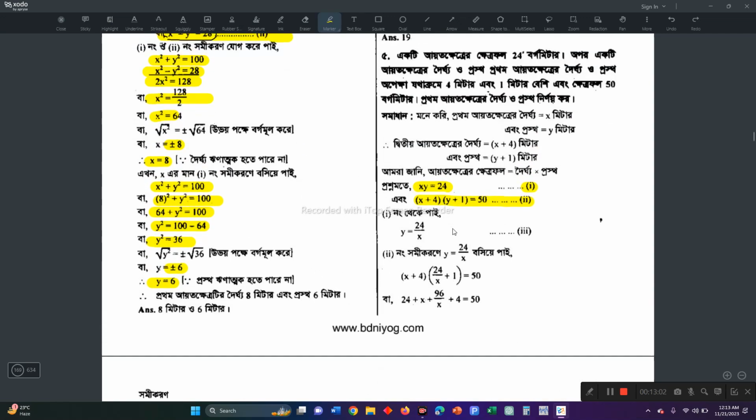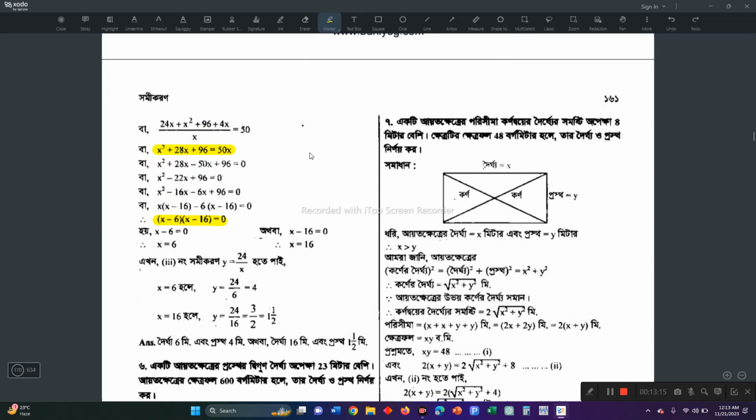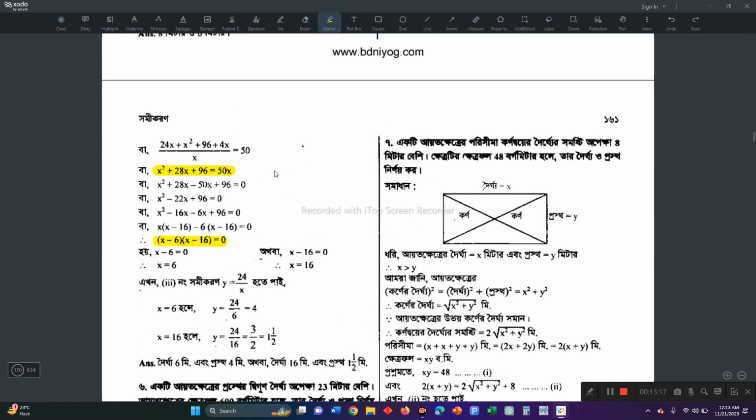If anyone first finds the value for x, that means x is equal to 24 by y, and putting this value here, we will get a quadratic equation in y. So whichever approach you follow, there will be a quadratic equation, and that means there will be two solutions for each of the variables.